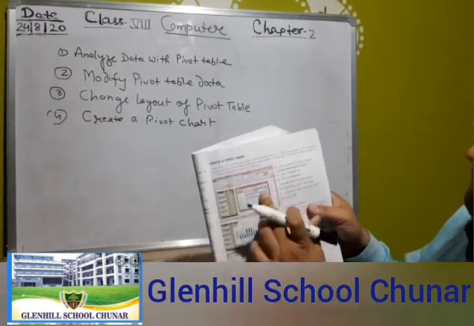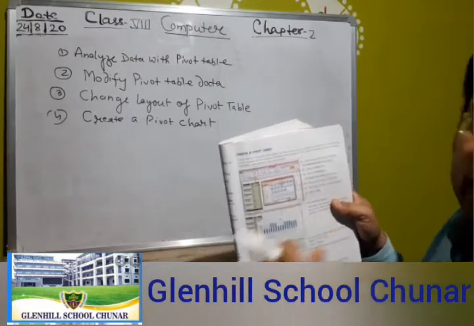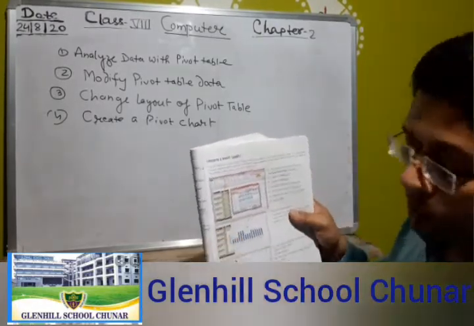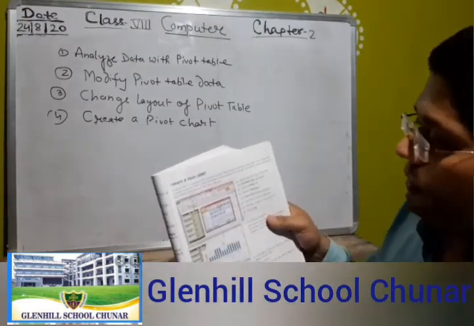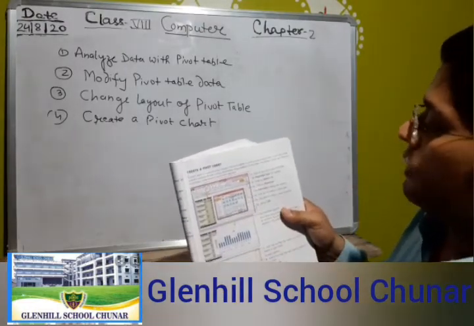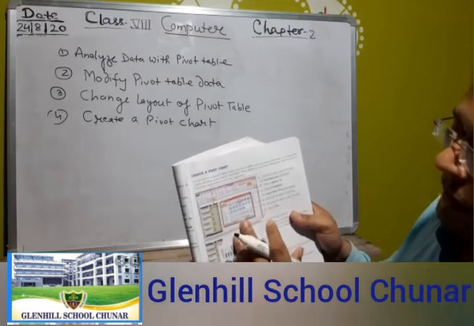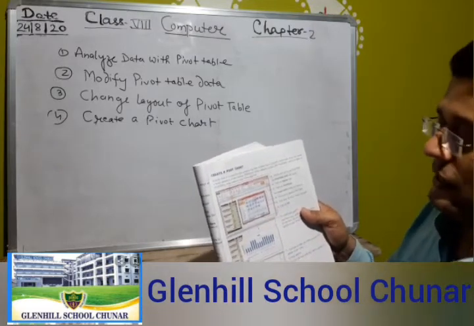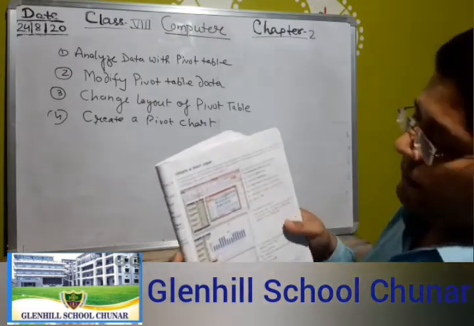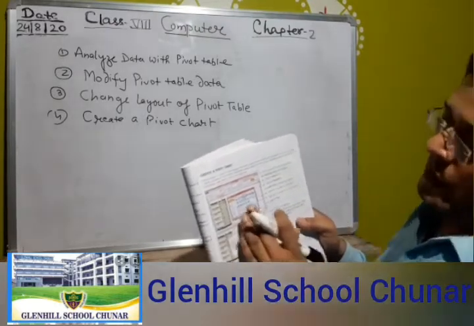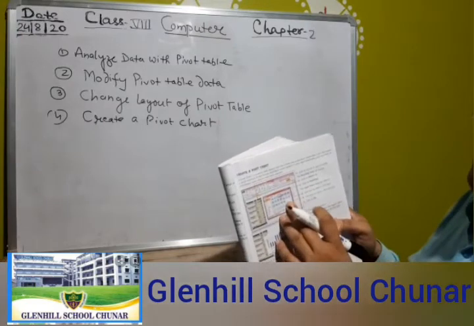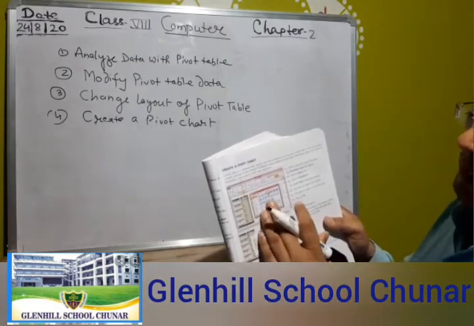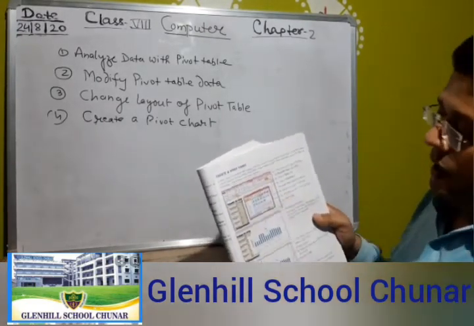Look here, there are different types of charts: column chart, pie chart, line chart. It can also create a quick summary of the entire data. A pivot table reveals patterns in your data, and a pivot chart based on a pivot table makes patterns even more apparent.